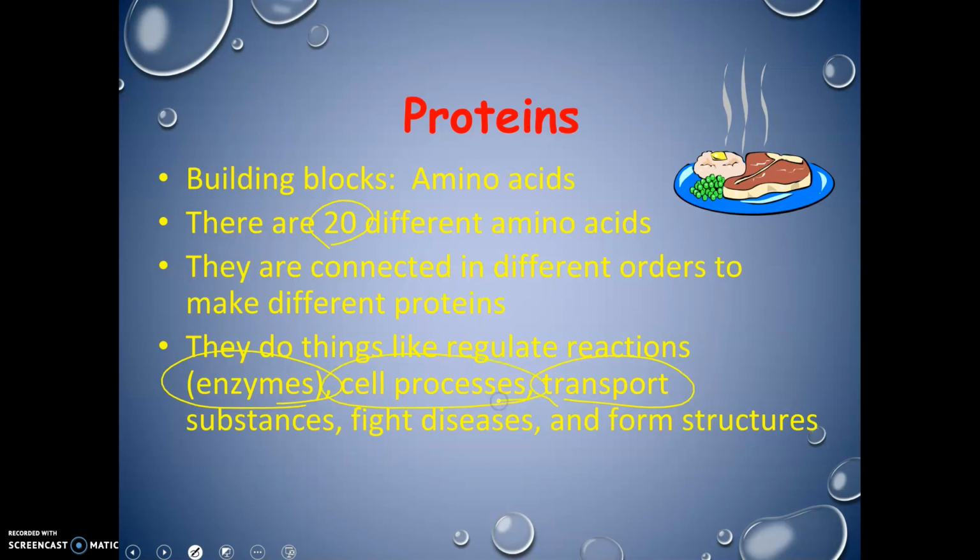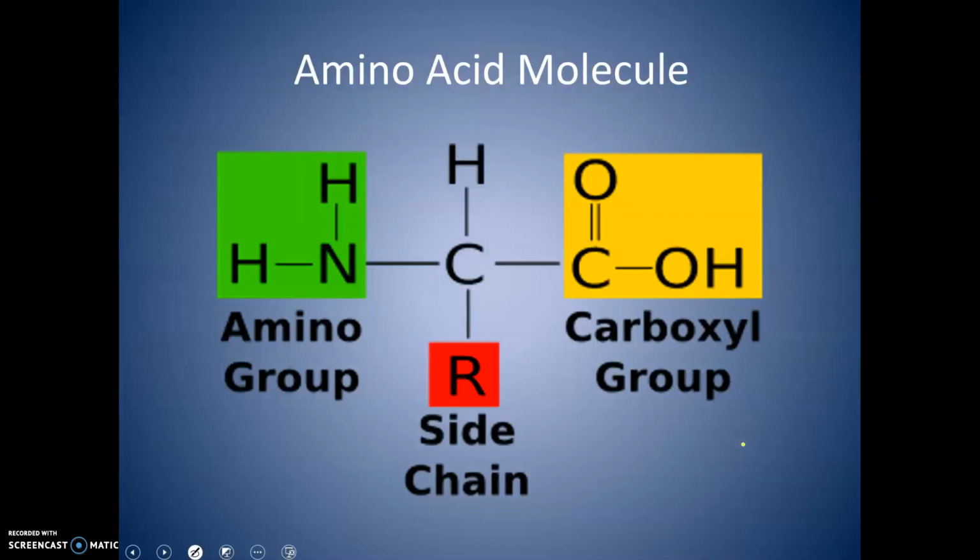Cell processes involve proteins. Antibodies are made out of proteins, so you fight diseases with proteins. And structures, like your hair, your fingernails, that's keratin, collagen that makes your skin flexible, melanin that gives your skin and your eyes and your hair the pigment, the coloration that it has. All of that is made out of protein. So they are very important.